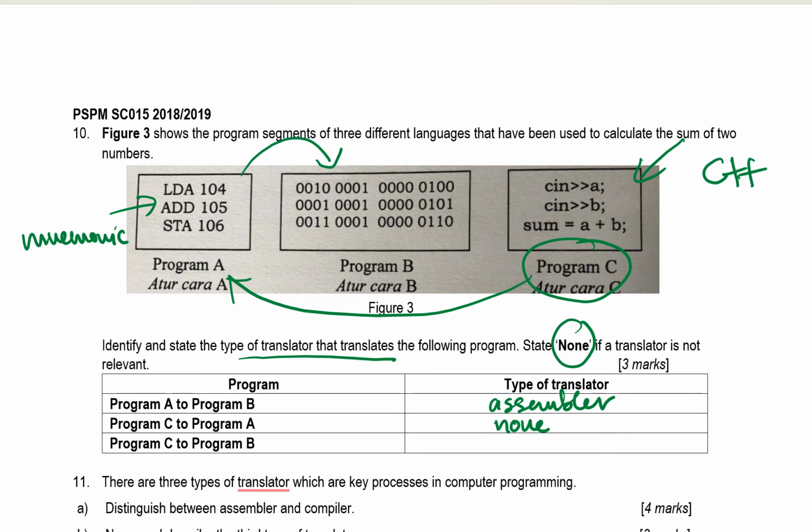That's why the answer is none. And from C to B, of course this one is compiler. You cannot answer interpreter because this one is a C++ program. Okay, next.